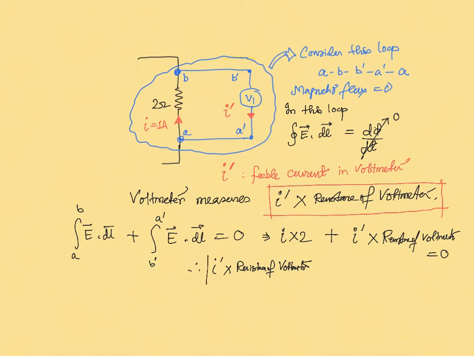I mean its magnitude actually, right? Don't worry about the sign. Its magnitude is equal to I multiplied by 2. I is 1, multiplied by 2, that is 2 volts. So the voltmeter V1 reads 2 volts.